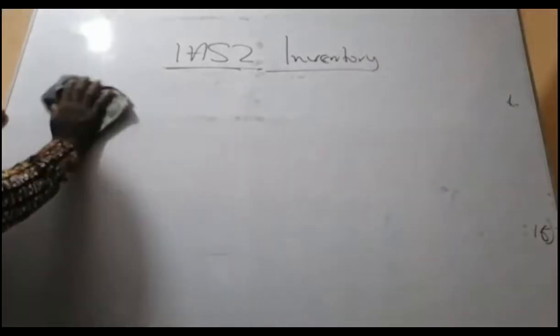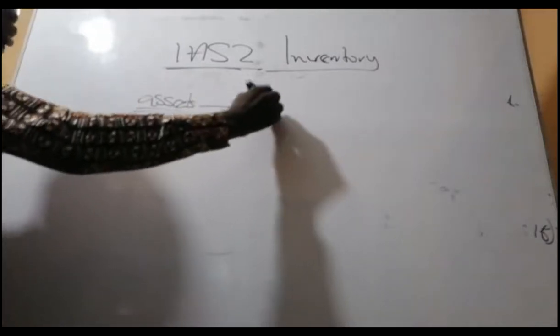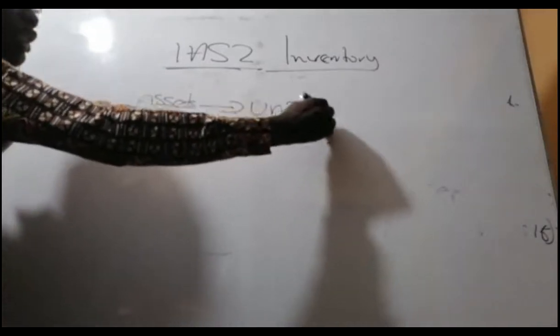So that's the main issue about inventory. At a point in time, inventory can be an asset, and at a point in time it can be an expense. Unsold inventory, that's closing inventory, is an asset.